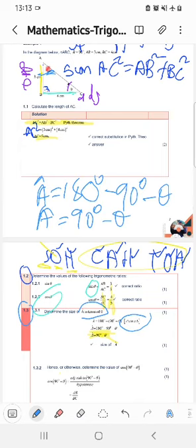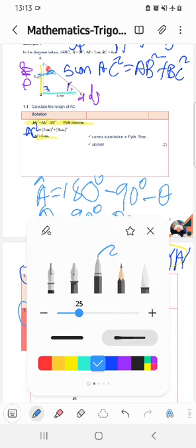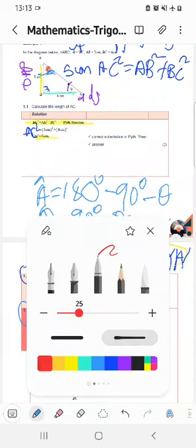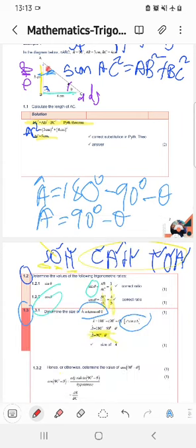So you don't have to work this out. We simply know where our reference is. Now let's write the opposite. The opposite side will be this one, and the adjacent side will be this side, because of that 90 minus theta there.